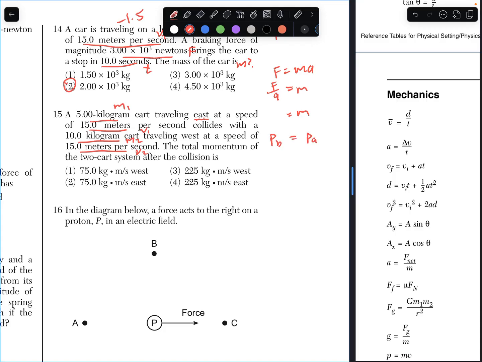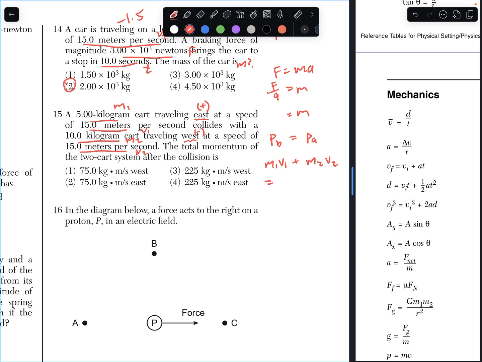So now, basically, we just got to find the momentum before. So the momentum is going to be M1, V1, so the momentum of the first car, plus the momentum of the second car, M2, V2. So the total momentum in the system, you just got to add it up. We got to be a little bit careful here, because one is traveling east and one's traveling west. So let's make east positive and west negative.